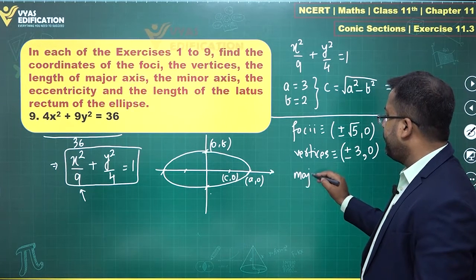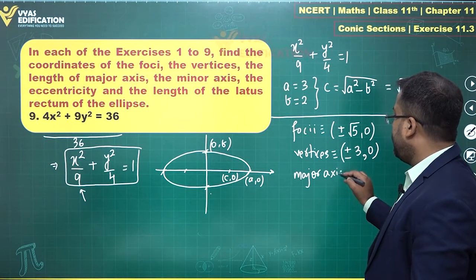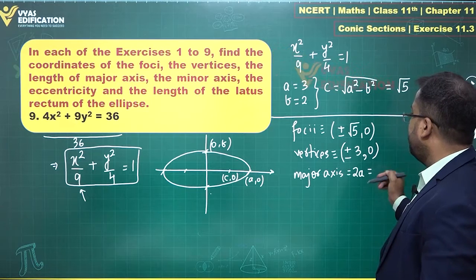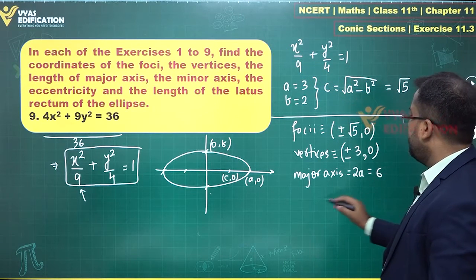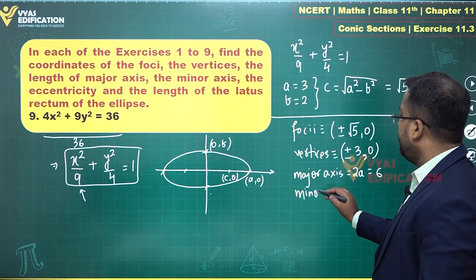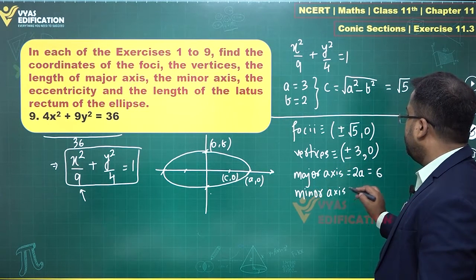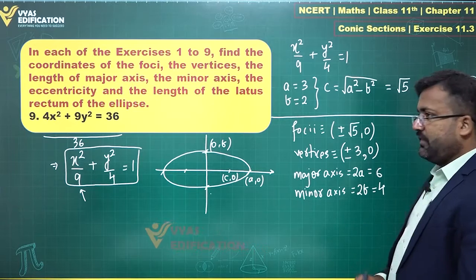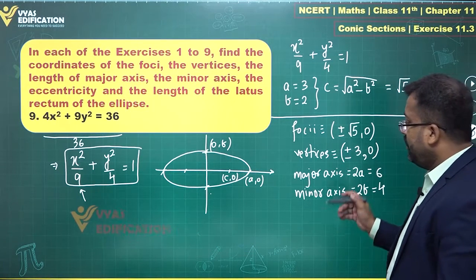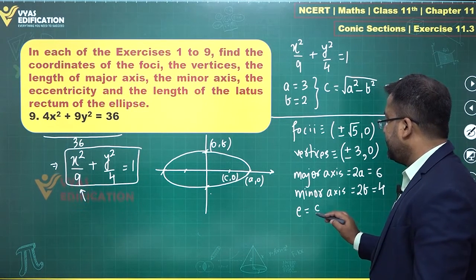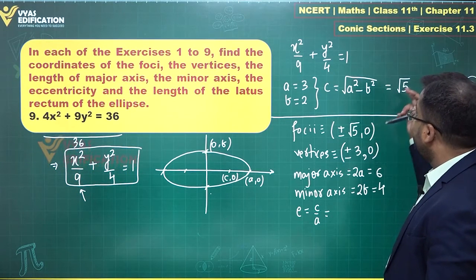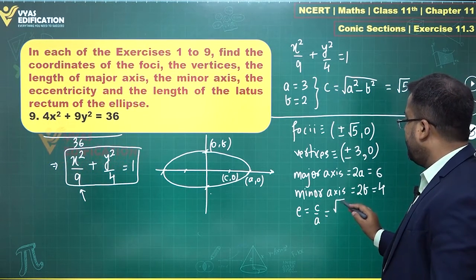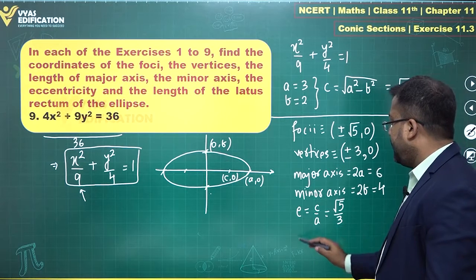Major axis is equal to 2a, and which becomes 6. Minor axis is equal to 2b, and this is equal to 4, right? What else? Eccentricity is c by a, root 5 by 3.